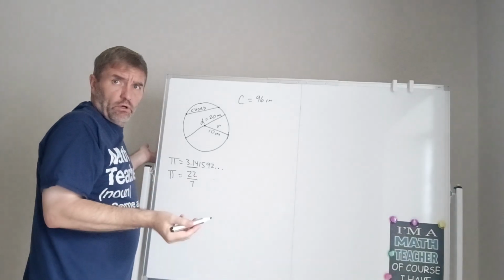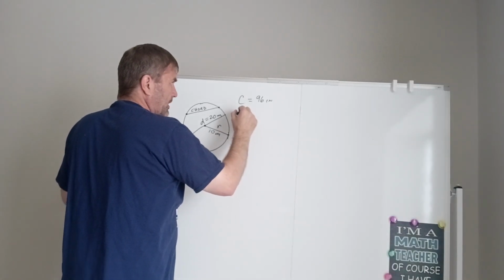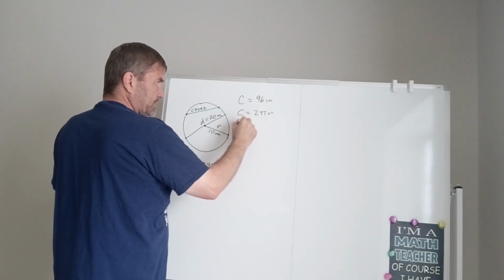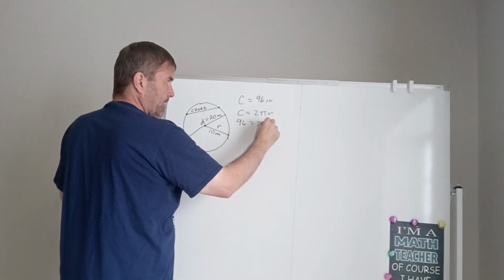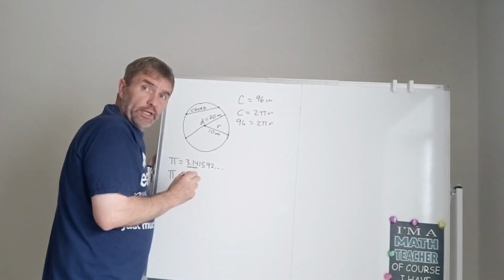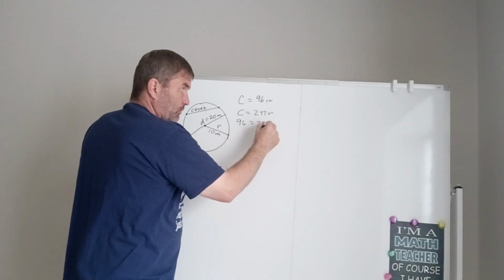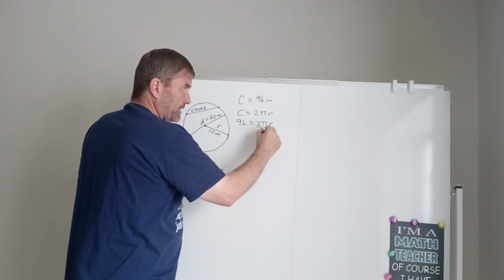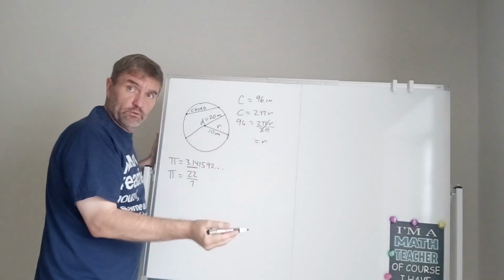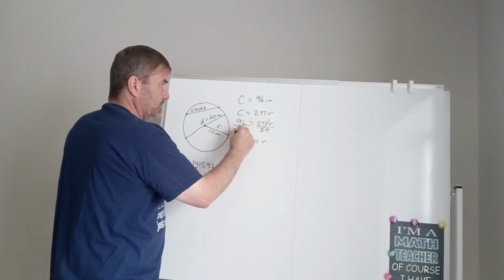Well, all you have to do is take C equals 2 pi r, and you plug in what you know. You know C, so that's 96. You know the 2 pi, but you don't know r. So the opposite of multiplying is dividing. Since we're multiplying by 2 pi here, we divide by 2 pi, which cancels and gives us r. But what you do to one side, you have to do to the other.